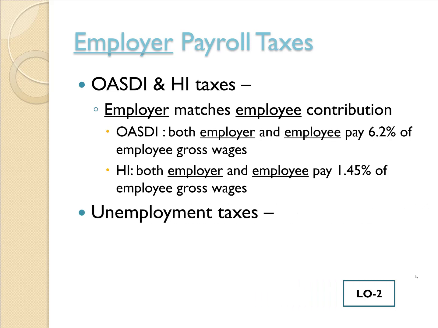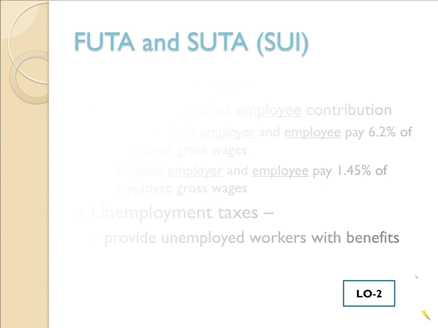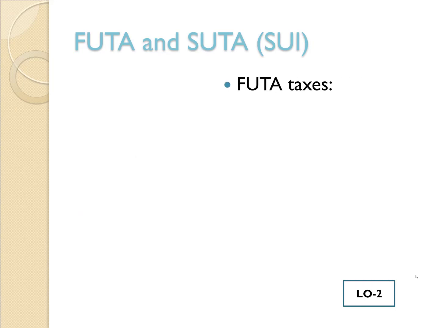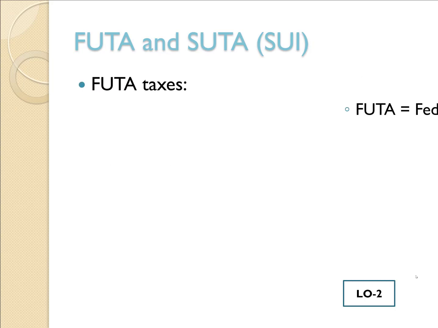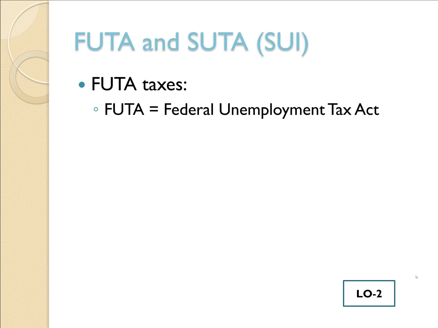The employer also pays unemployment taxes. These taxes help provide unemployed workers with unemployment benefits. So let's talk about unemployment. First, we have FUTA taxes. FUTA stands for Federal Unemployment Tax Act. This is a law that requires employers to pay into FUTA to help run the unemployment program.